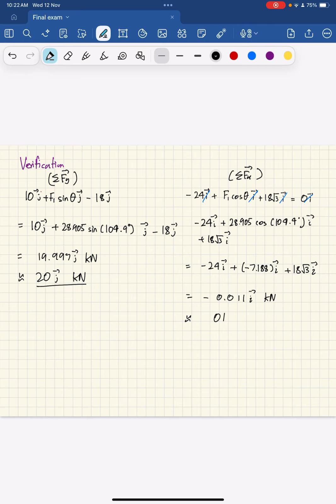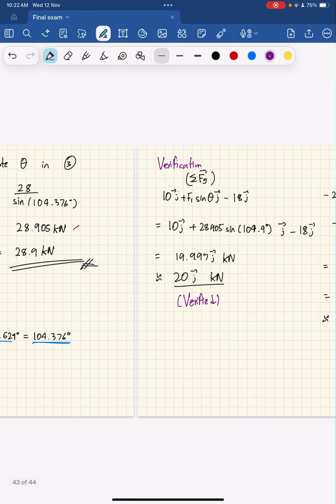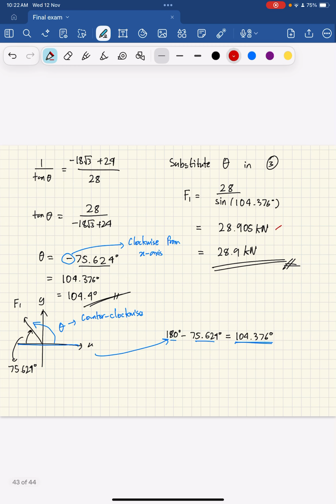You can consider it to be 0 i kilonewton. So after verification we have managed to verify our answers. This is why it's very essential that we verify our answers. So we can consider them to be correct.